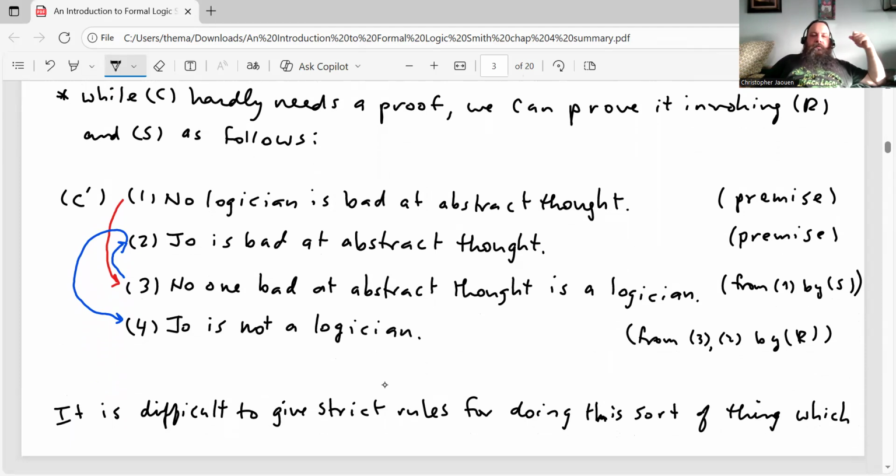So that follows directly from 1, and using inference step S. And then finally, from 3 and 2, we can infer proposition 4 by the inference form R. Joe is not a logician. So that follows from no one bad at abstract thought is a logician, and Joe is bad at abstract thought, therefore Joe is not a logician.